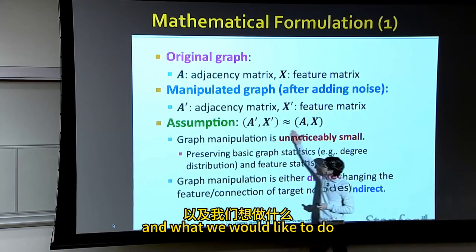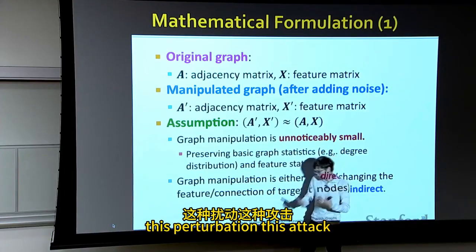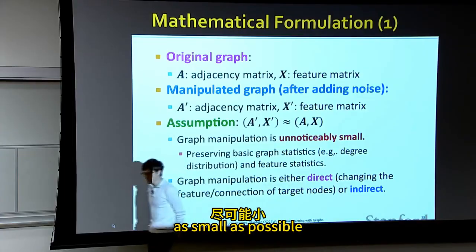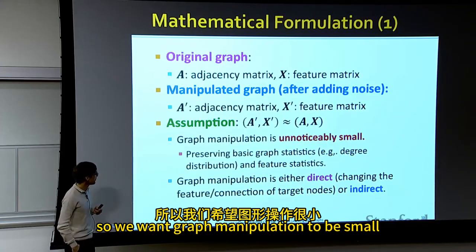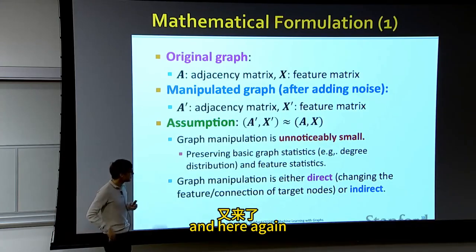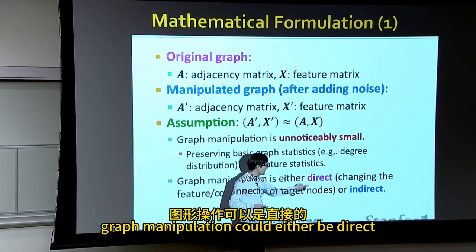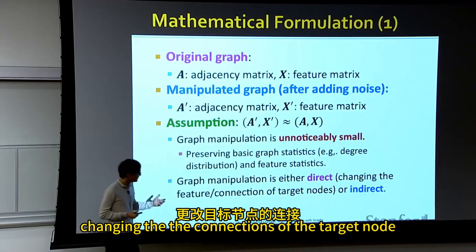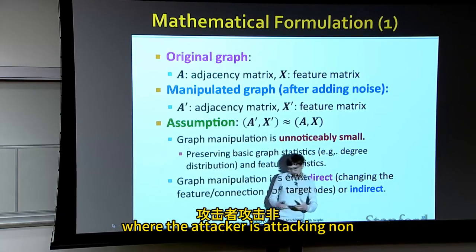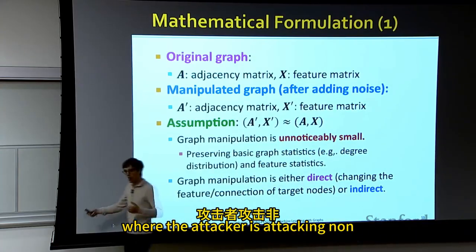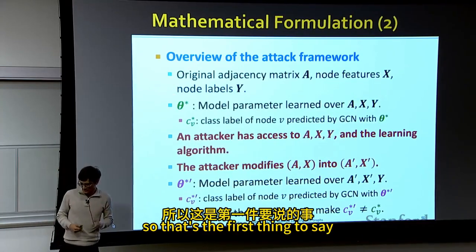What the attacker wants to do is to make this perturbation, this attack, as small as possible. So we want graph manipulation to be small. And here, again, graph manipulation could either be direct, changing the connections of the target node, or an indirect attack, where the attacker is attacking a non-target node. So that's the first thing to say.